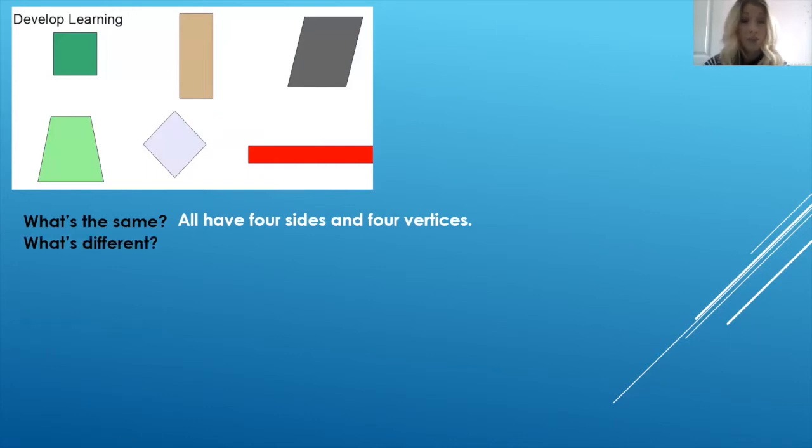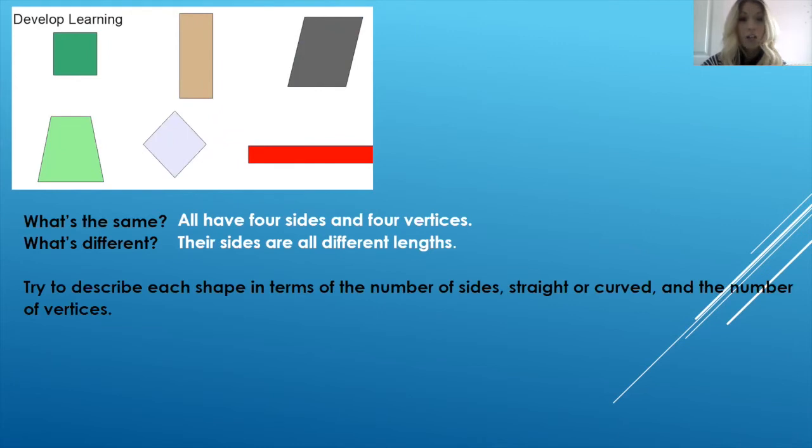But what's different about them? All their sides are different lengths, and that's what makes them different shapes. Try to describe each shape in terms of the number of sides, whether they're straight or curved, and the number of vertices.